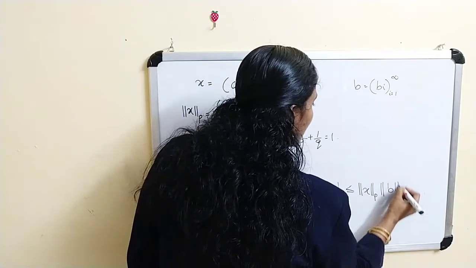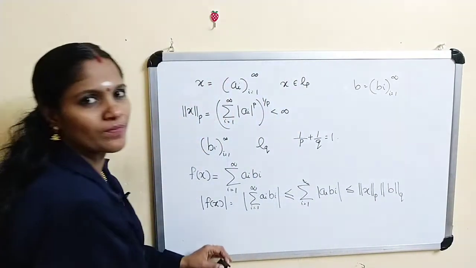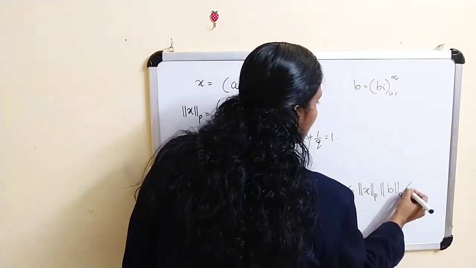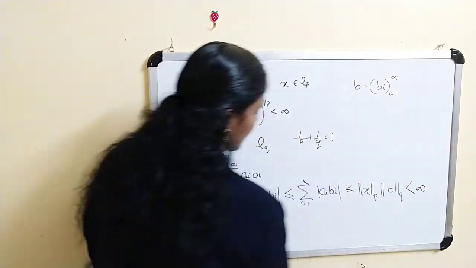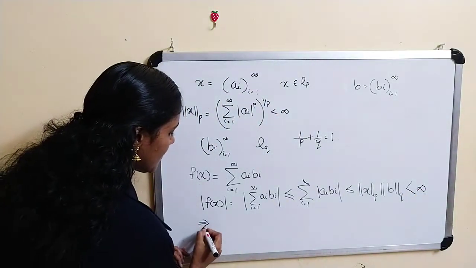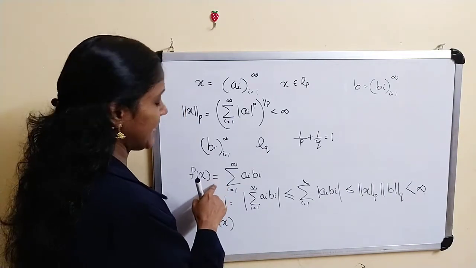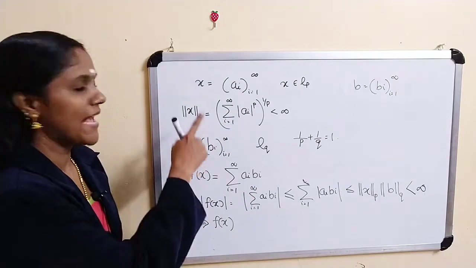Norm b is the q-norm. In l^p, this is p; in l^q, this is q. So this implies f of x is a linear functional on l^p.